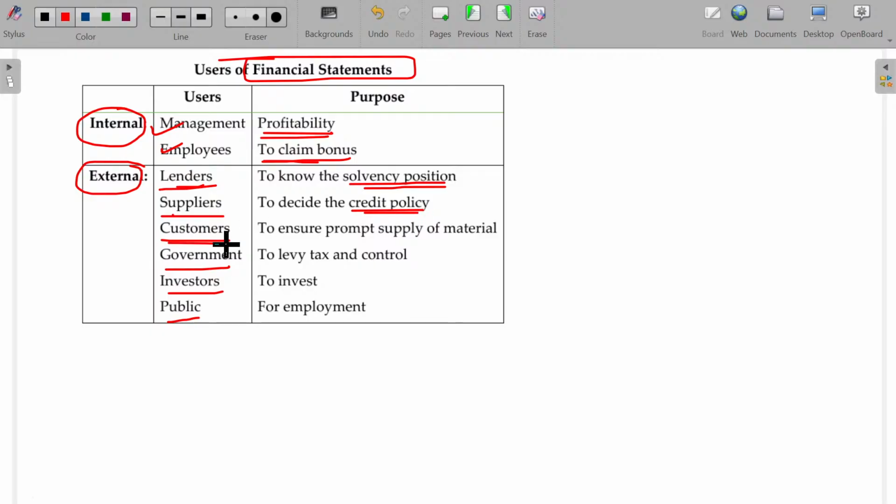In case of customers, it is to ensure prompt supply. What happens in case of customers? If the financial report is perfect enough and stable for more than some years, it reflects that the business is doing wonderfully, and definitely customers are also very happy that they will be delivered the goods in time. If the company is weaker, they will have doubt.